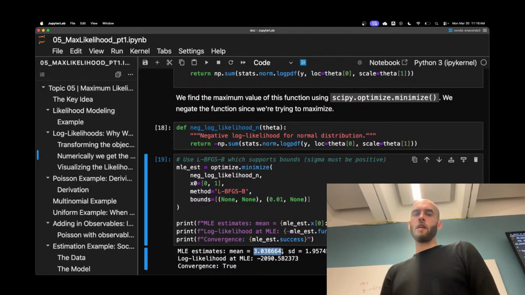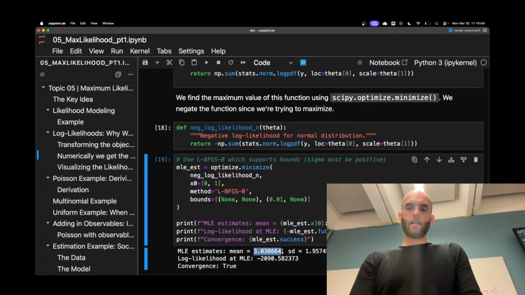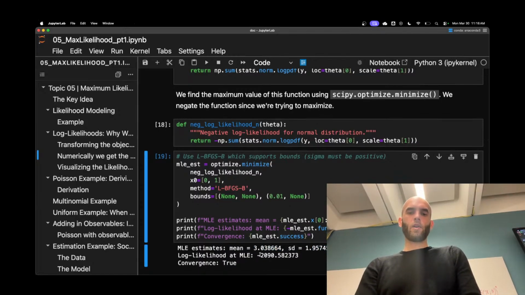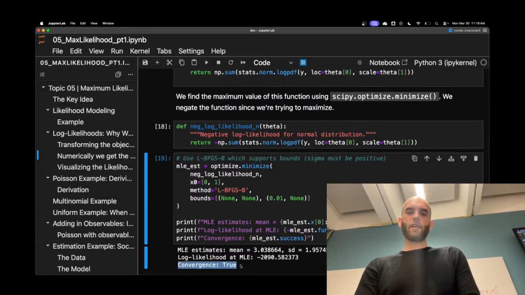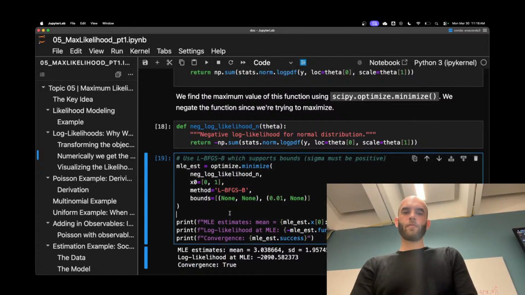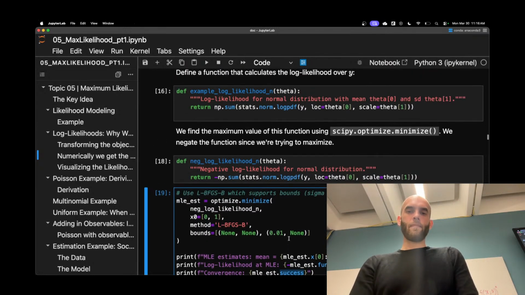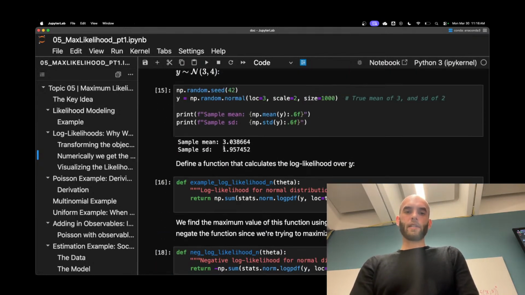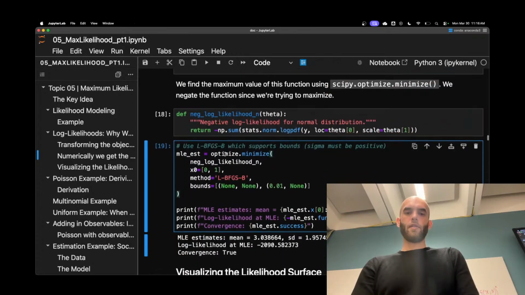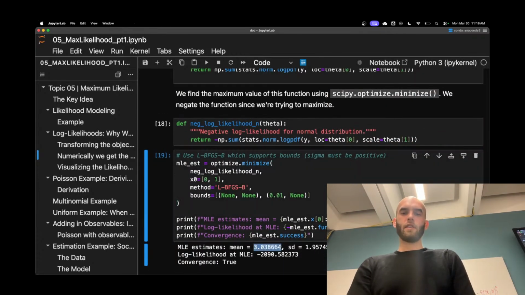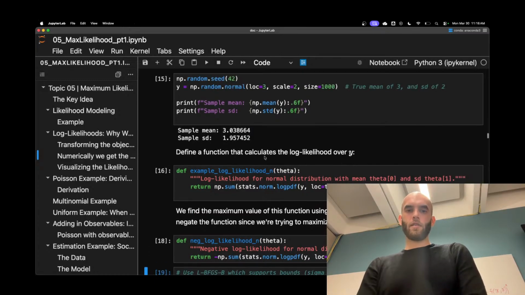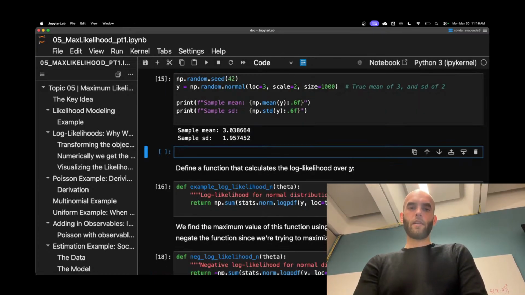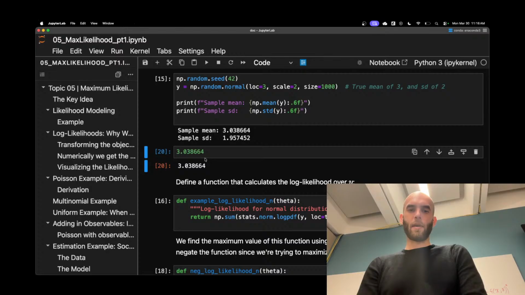The estimate for the mean is this. The estimate for the standard deviation is this. And then you can plug in the log likelihood into the maximum likelihood estimation. This also prints out the convergence, MLE.success. But the main thing to realize here is the estimate is very similar to the mean. In fact, these are the same.